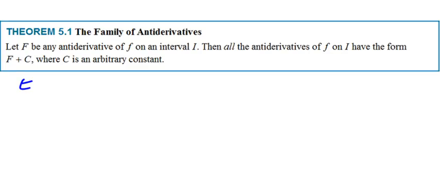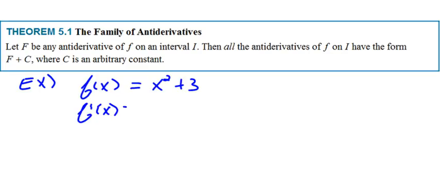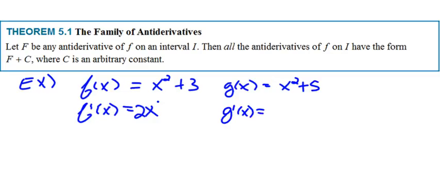For example, I could be given f(x) equals x squared plus 3, and if we took the derivative of it, we get 2x. If I had the function x squared plus 5, the derivative, because of that constant, would be 2x.